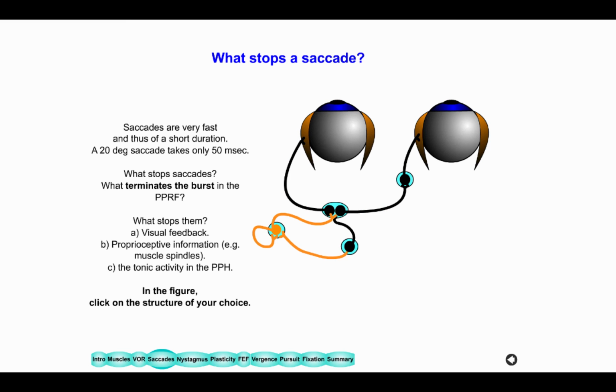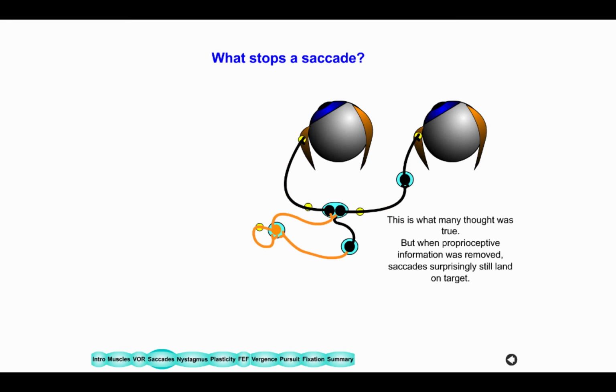Well, it's not these, because people thought that this was occurring, but they found that when they removed the afferents that come from these spindles, the saccades remained as accurate as before. And in hindsight, that is not unexpected, because these movements are so fast that even if they had a reflex, it wouldn't get there in time to stop the movement.